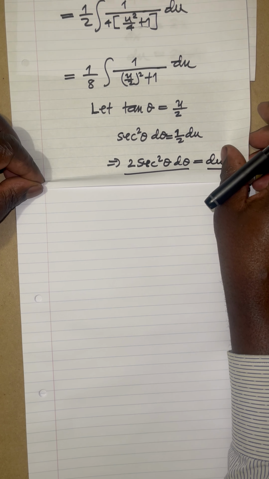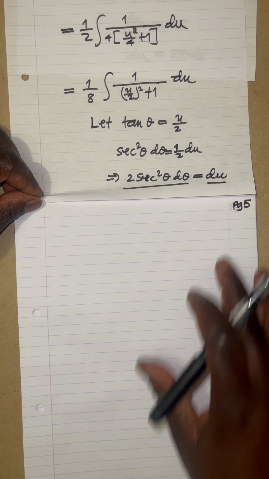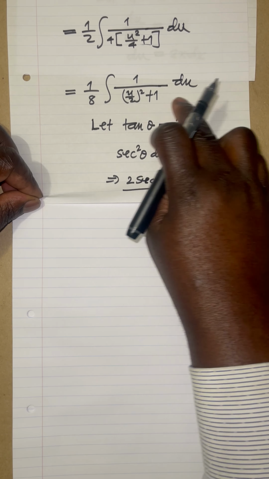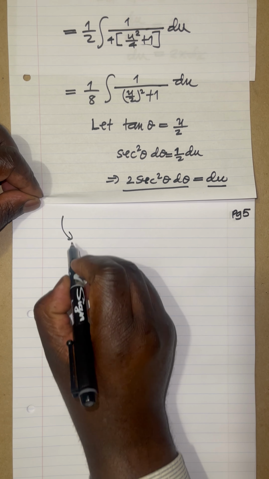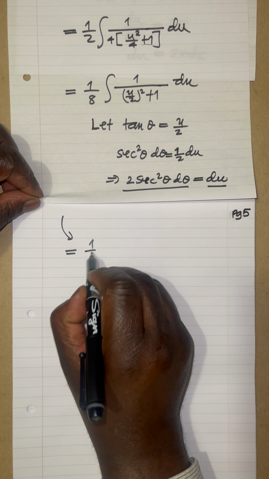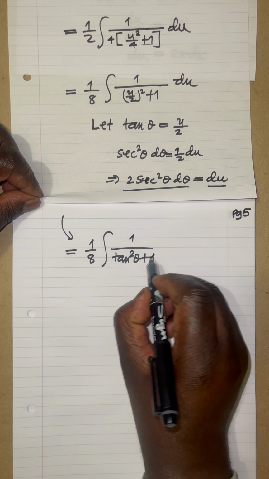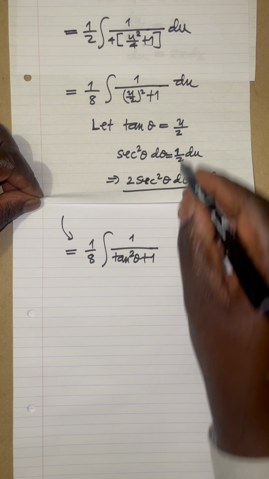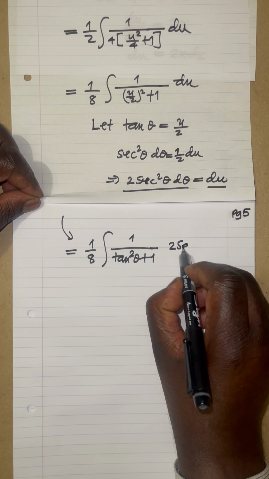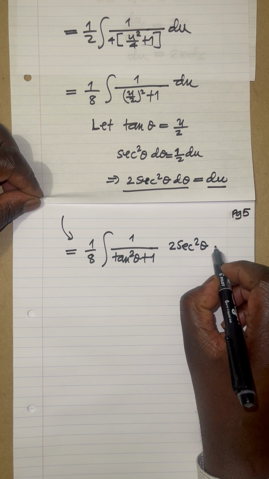So what we're saying now is that this integral changes to 1 over 8, the integral of 1 all over tan squared theta plus 1, and then instead of du, I'm going to have 2 sec squared theta d theta.